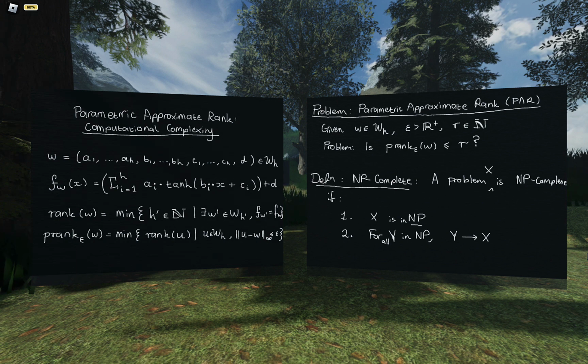And if it's doing that hard part for all of the problems in NP, then that problem must be kind of doing the hard part of NP itself. And that's a formal way of saying that it's as hard as the problems in NP get.